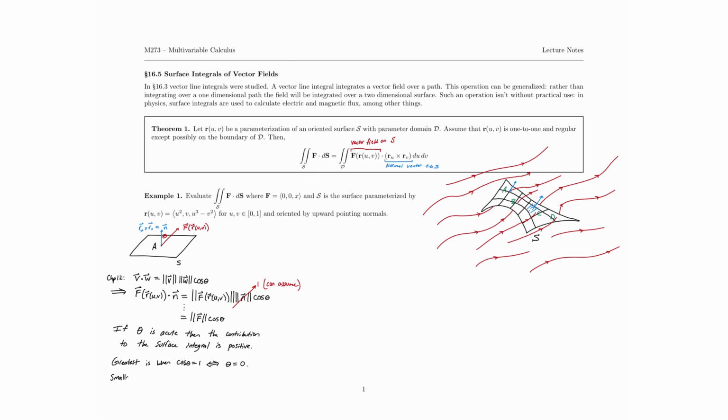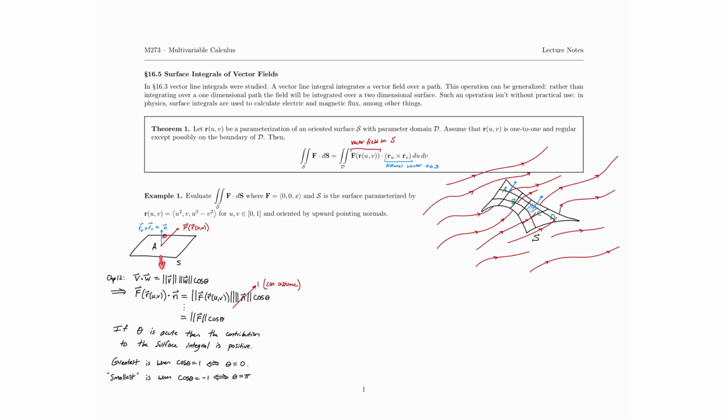Smallest is when the cosine of theta, I'm going to say smallest in quotations, because it's going to be when cosine of theta equals -1. And this happens if and only if theta is pi. So this would happen if the field line were actually going through in the opposite direction.